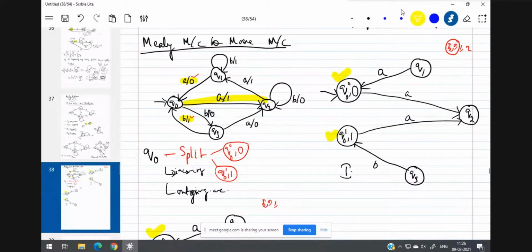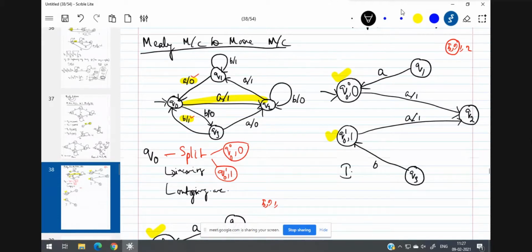So from this to this, input symbol A, and from this to this, input symbol A. What about the output? This we don't know yet. So let me just write 1 here. This is a mixture right now. This is not a complete one.